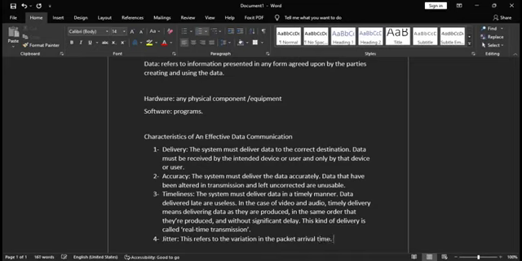Okay, it is the uneven delay in the delivery of audio or video packets.